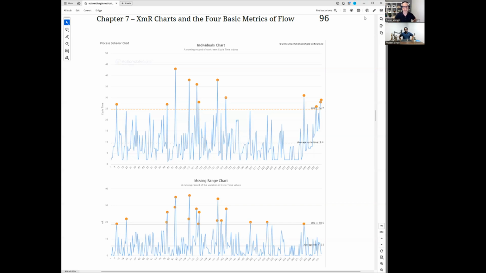I will plug Dan's book once again, because if you really want to get in depth into understanding this stuff, especially as it applies to software development and flow metrics, Dan's latest book, Actionable Agile Metrics for Predictability, Volume 2, is the definitive guide.